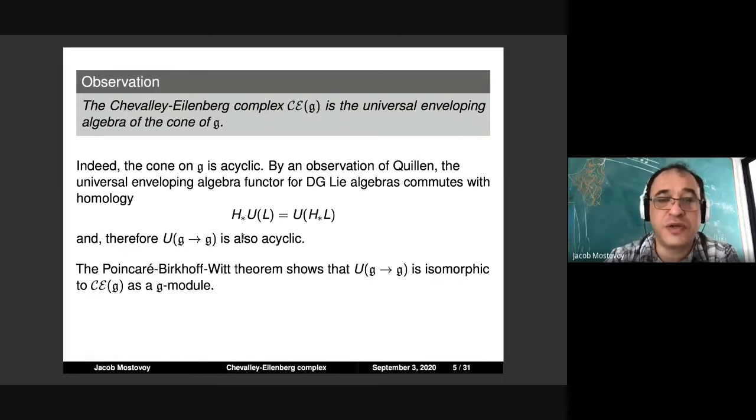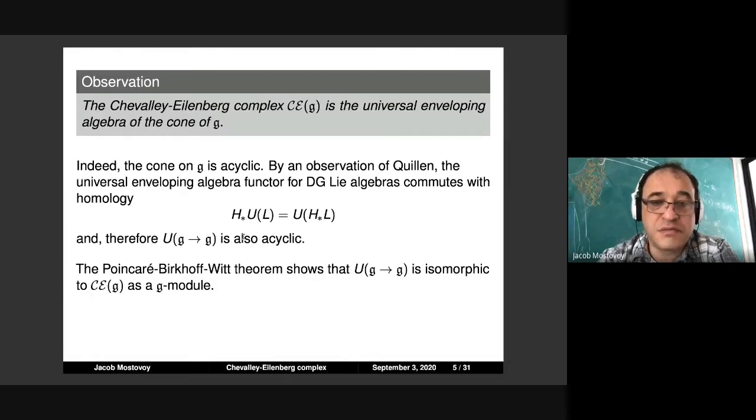The only thing we have to note is that the cone on G is actually acyclic: a differential graded Lie algebra with 0 homology. It turns out that universal enveloping algebras for differential graded Lie algebras commute with homology, so the universal enveloping algebra is also acyclic.